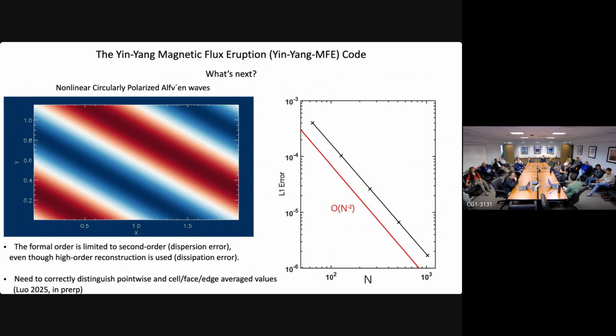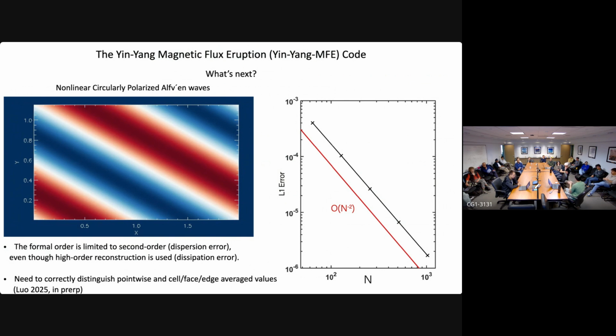In the convergence test, you show that the effective convergence you're having is second order. Where are you losing? You said that you lose in the face and edge construction. In principle your scheme is fourth order, and the reconstruction is high order.